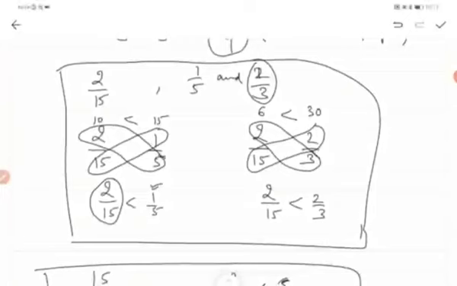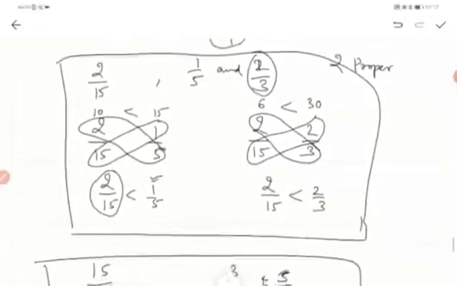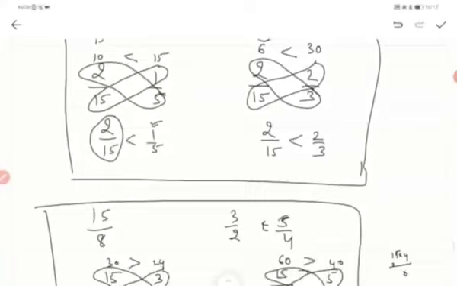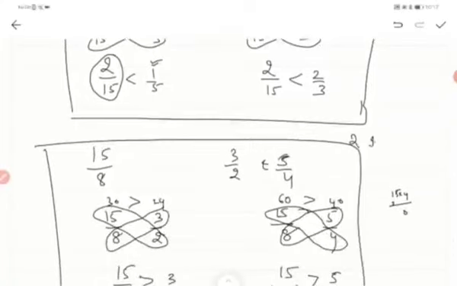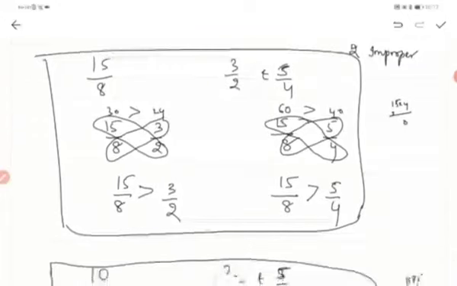Whenever two proper fractions are multiplied, the product is always less than the individual fractions given. The opposite is true for two improper fractions: when you multiply them, the product is always greater than the individual fractions given.